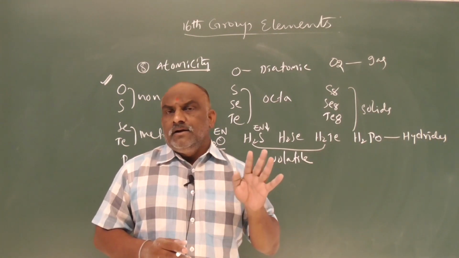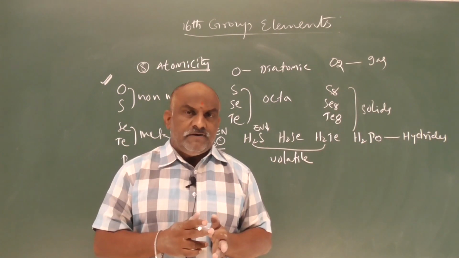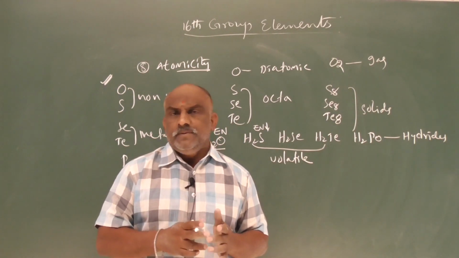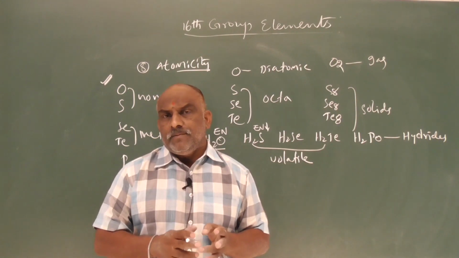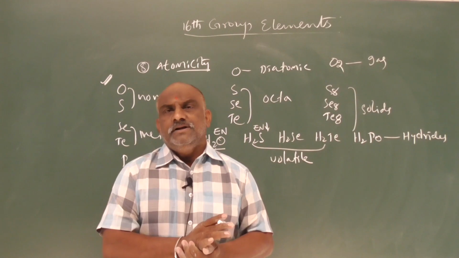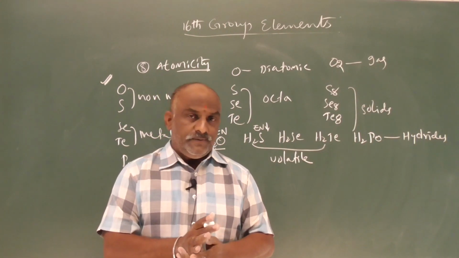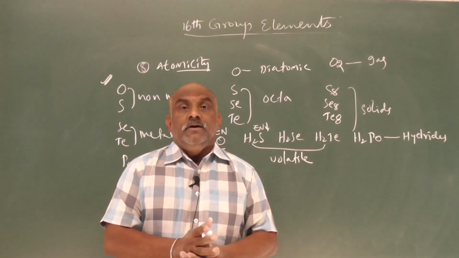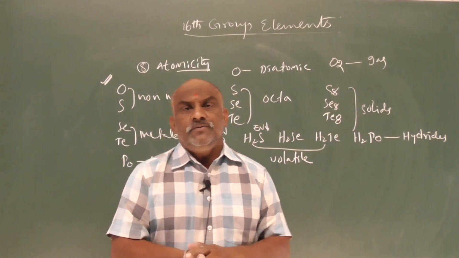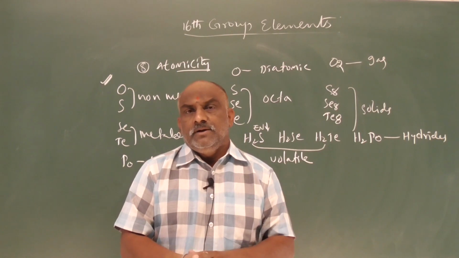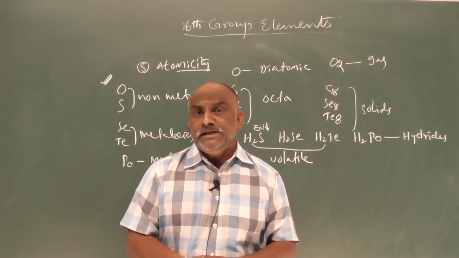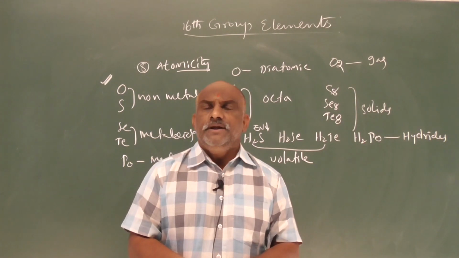Then the occurrence of sulfates, sulfides and the formulas we discussed: gypsum, epsom, barytes, copper pyrites, silver glance, copper glance, zinc blende, and pitch blende, which is a source of polonium, and galena, cinnabar. You have to notice that these points are very important.